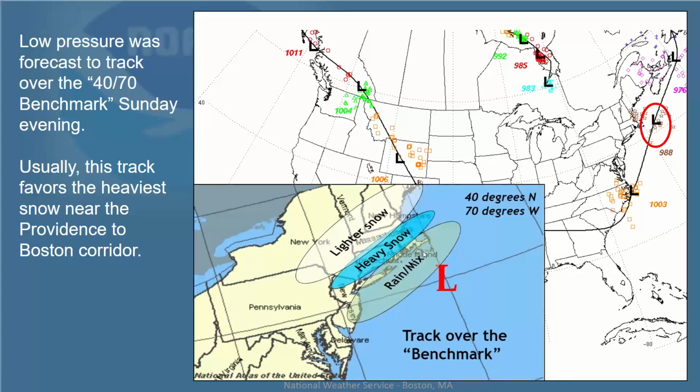Now keep in mind, this is just kind of a generic average. It doesn't always work that way. We've had major snowstorms with a low tracking well south of the benchmark, and we've had significant snows with it tracking up towards the Cape and Islands and the Boston Providence corridor. There's a lot of things that come into play, but this is a general idea of what we usually see for a typical heavy snow situation. It did pan out this time.